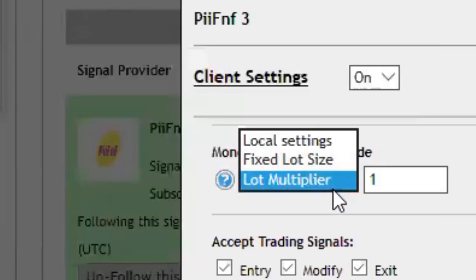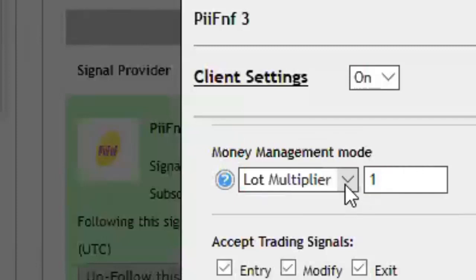This is very awesome because when you choose fixed lot, regardless of what currency pairs or instrument pairs, regardless of the lot size attached to the pair, you fix it all to be at, say, 0.5, for example. So if the signal provider trades at 0.1, you can decide to have a fixed lot size of 0.5 for all the pairs that he's trading on.